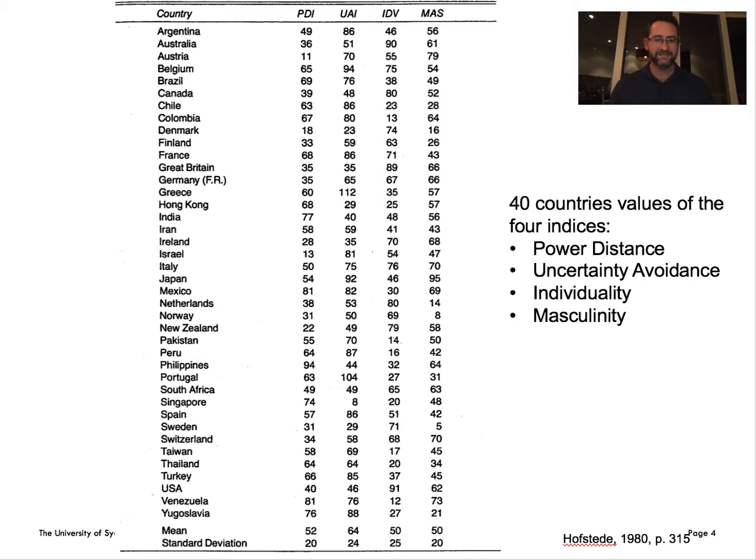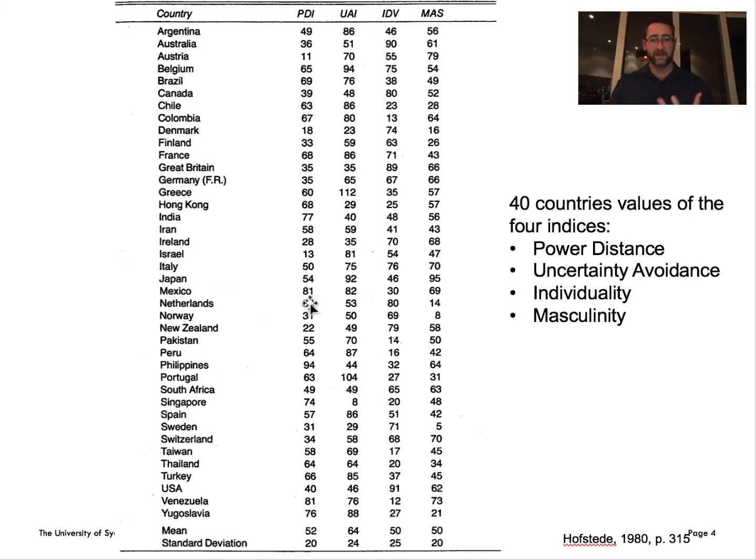So power distance, you can see Australia is a relatively low power distance environment, second row down at 36, and compare that with somewhere like Mexico. It's a very high power distance environment scoring at 81.